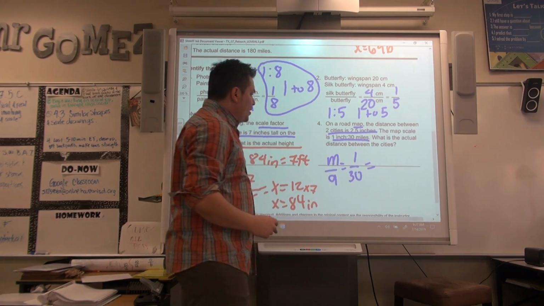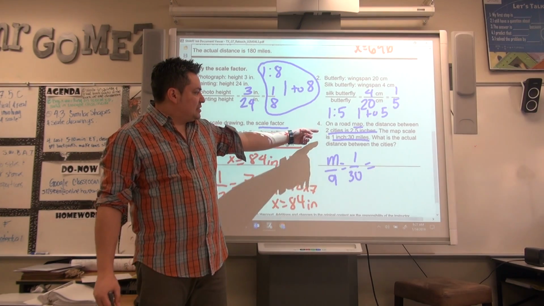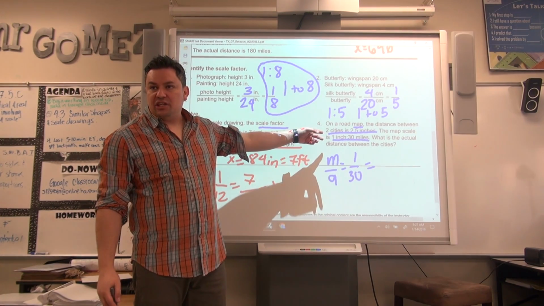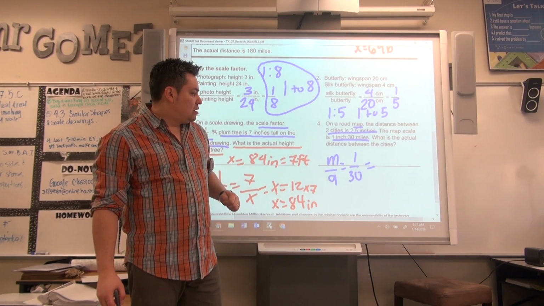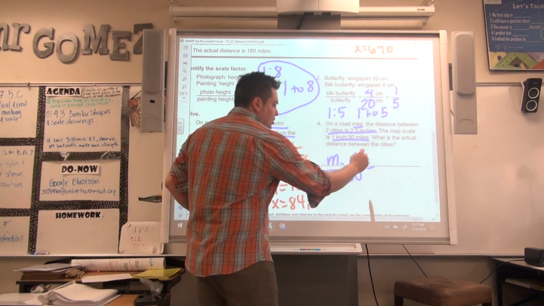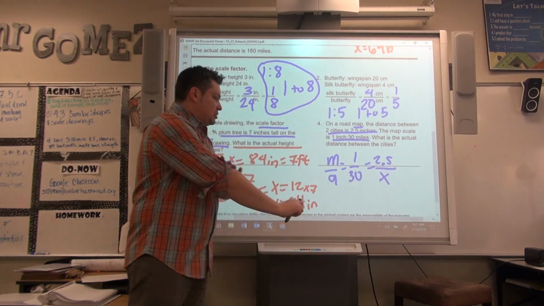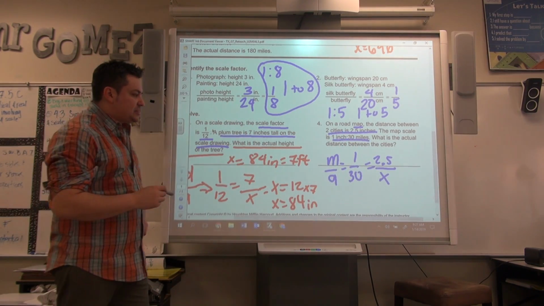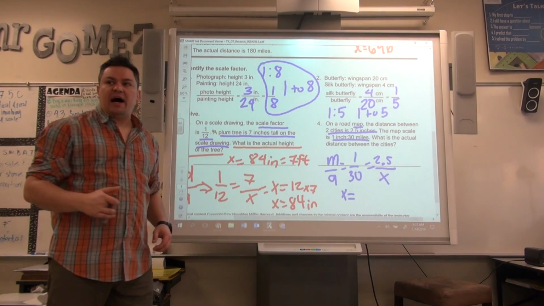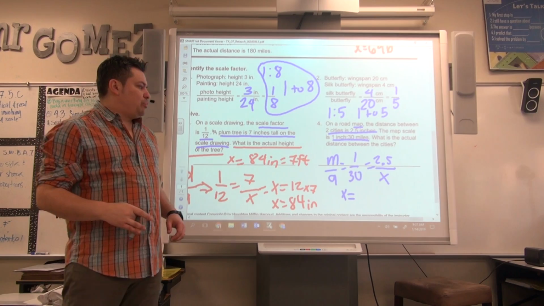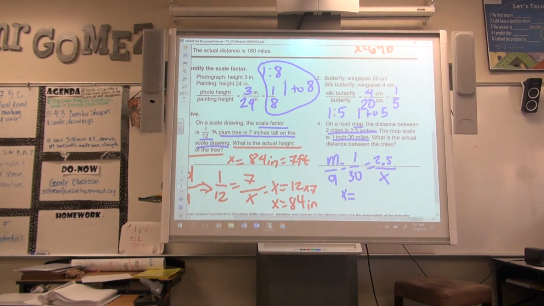Equals to, what else am I given? The distance on the map in inches, right? Is that top or bottom? Top. So it's gonna be 1x, or x, equals 30 times 2.5. What's 30 times 2.5? It'll be 75, if I'm not mistaken.